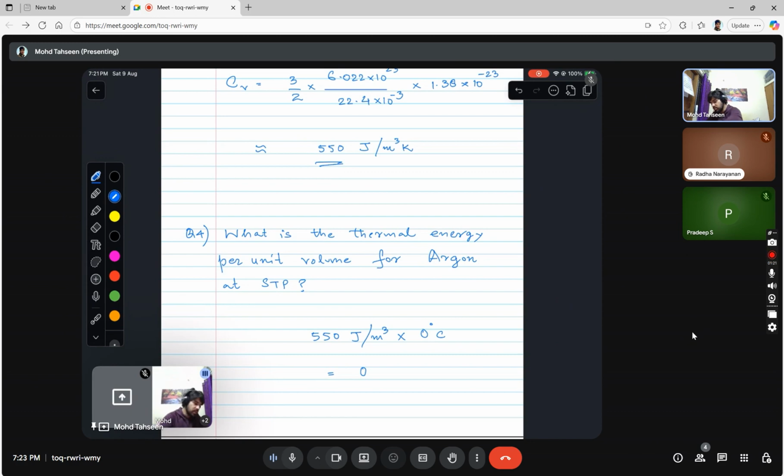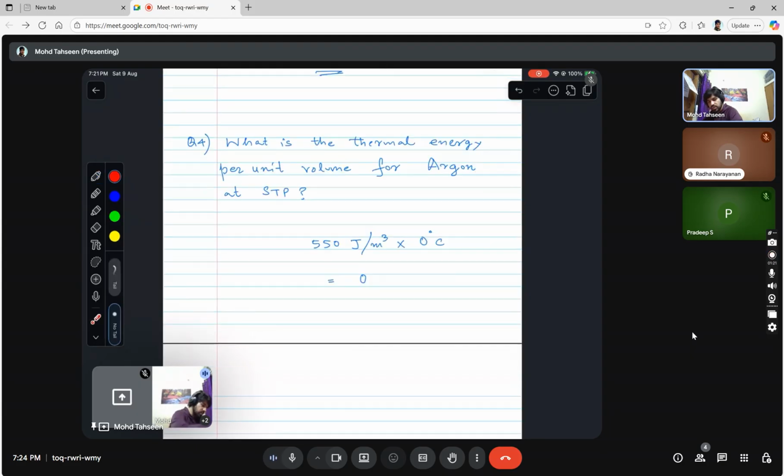Okay, so what we have done here is not correct actually. Although we are given that temperature is 0 degrees centigrade, we commented that this temperature has to be written in terms of absolute temperature. Absolute temperature is always given in Kelvin. So instead of 0 degrees centigrade, it will be 273.15 or roughly 273 Kelvin.